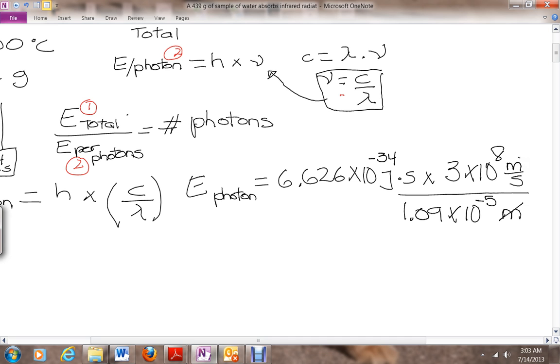So meter and meter cancel out, second and second. So the energy of a photon would be equal to, I'm going to do the digit part first and then the exponential, to avoid problems with the calculator.